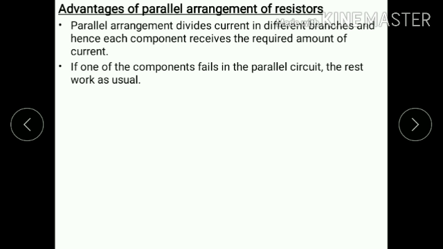The most important thing is that different electrical appliances get a different current. The second one is, if one of the components fails in the parallel circuit, the rest work as usual. If one fails, then other electrical appliances work as usual.